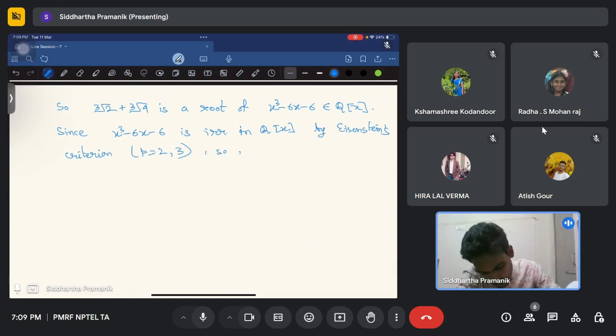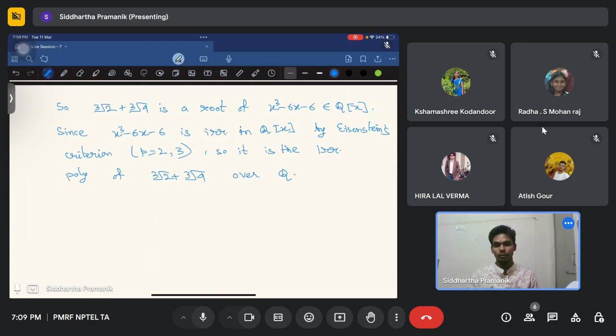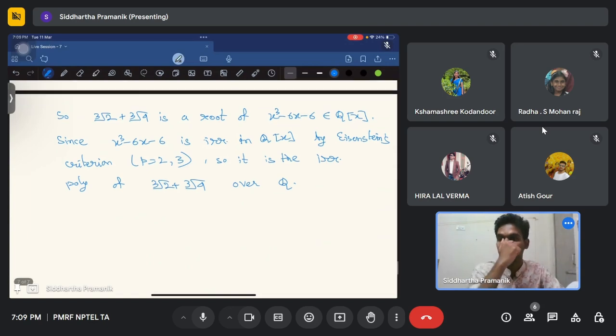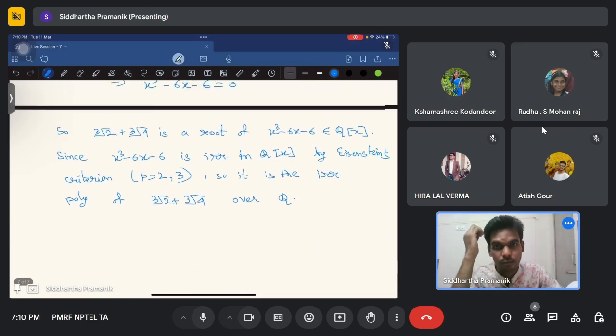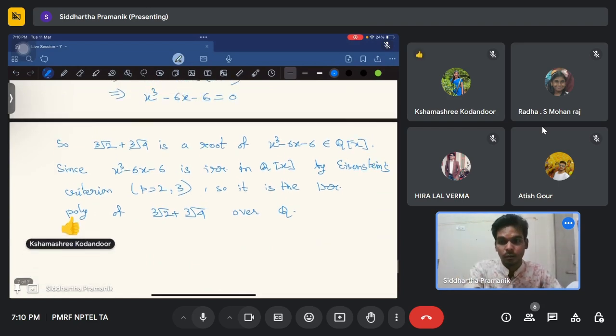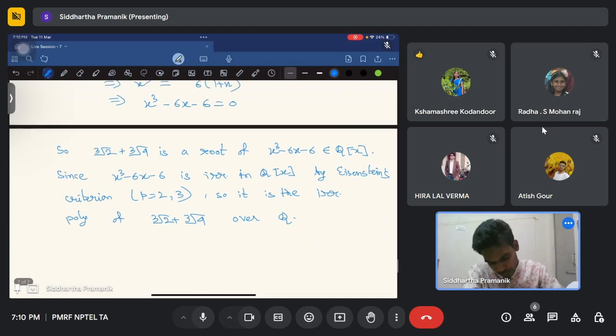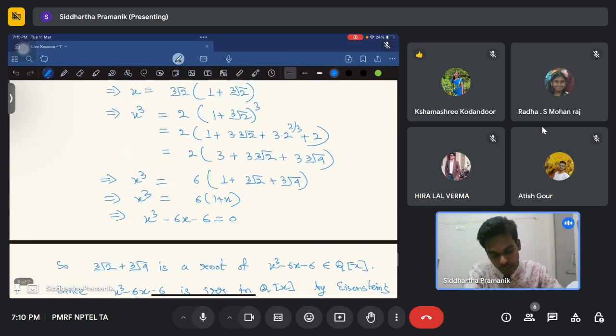So it is the irreducible polynomial of cube root of 2 plus cube root of 4 over Q. So is it fine? I hope it is fine.